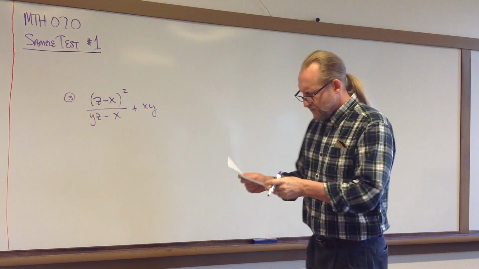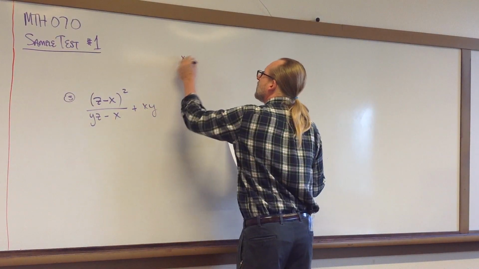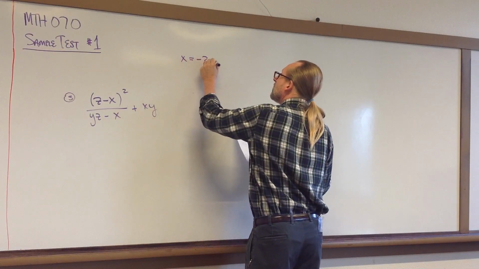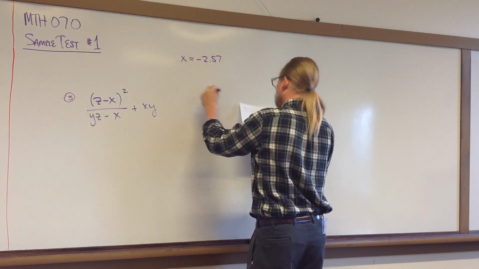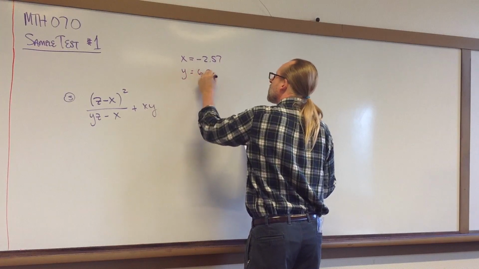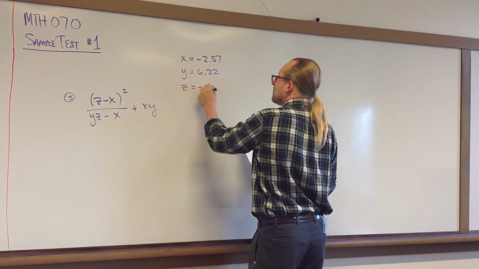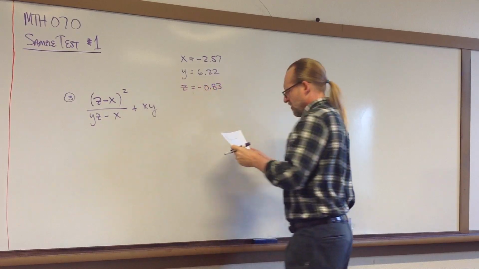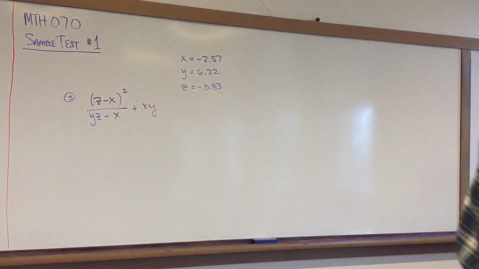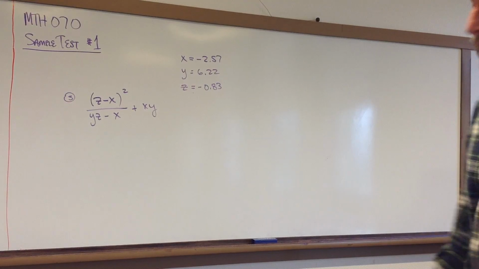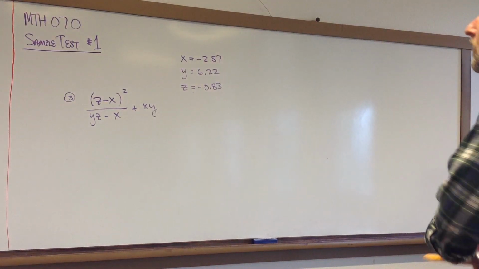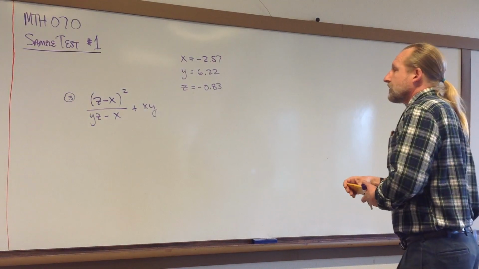This may have shown up on one of our quizzes as well, but it's still a good problem to practice with. And it is similar, like I said, to what you'll see on the test itself. So this one I'm going to need the calculator for.